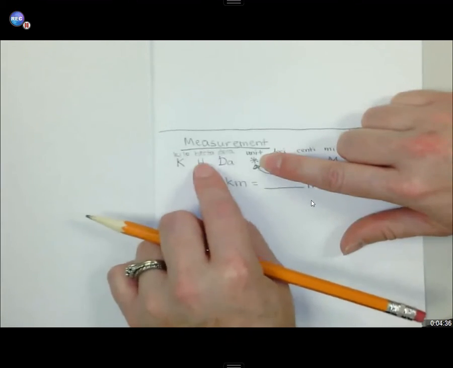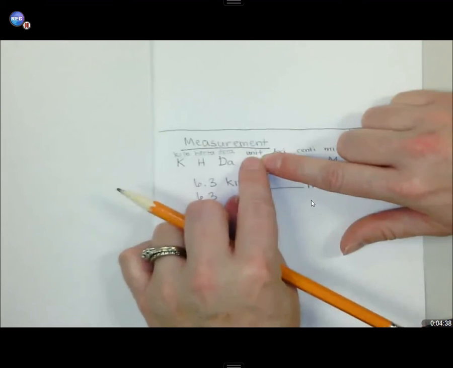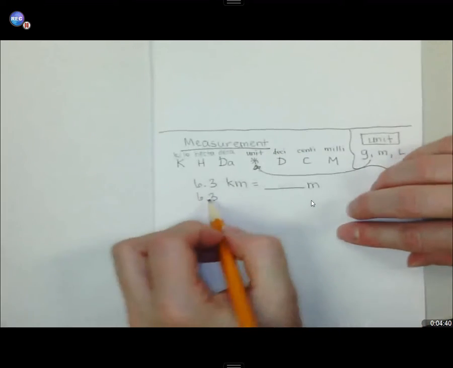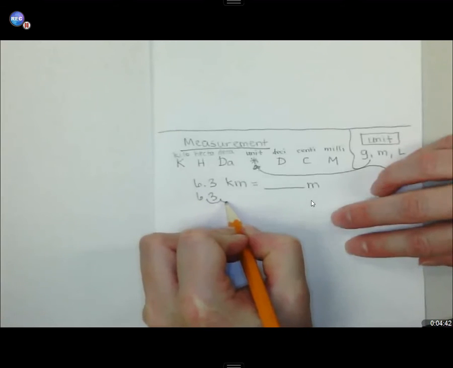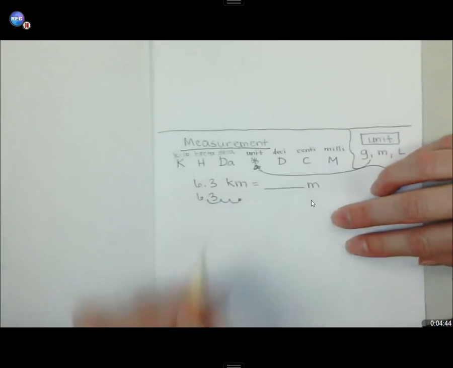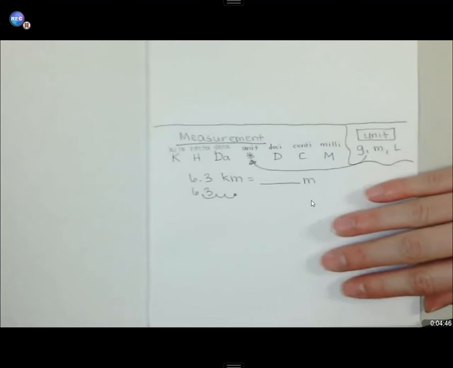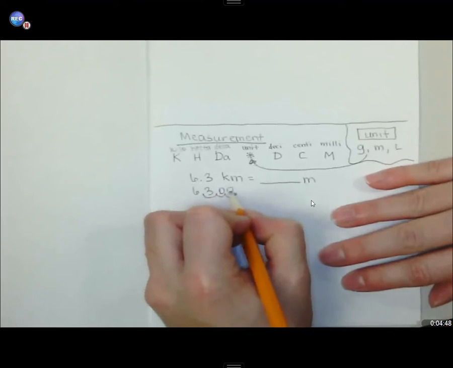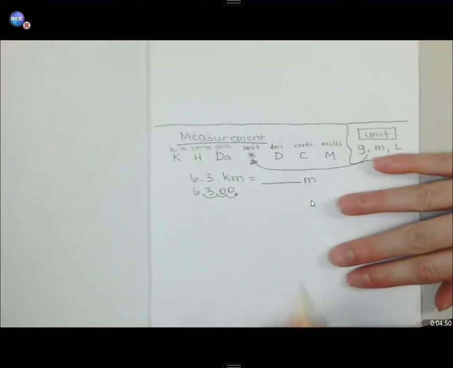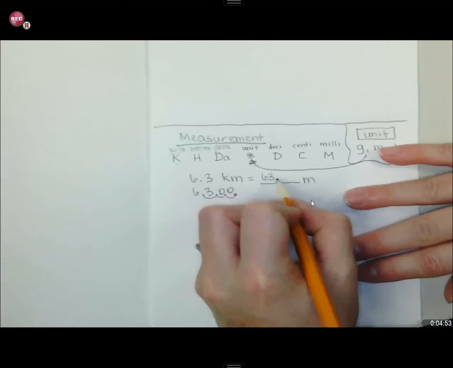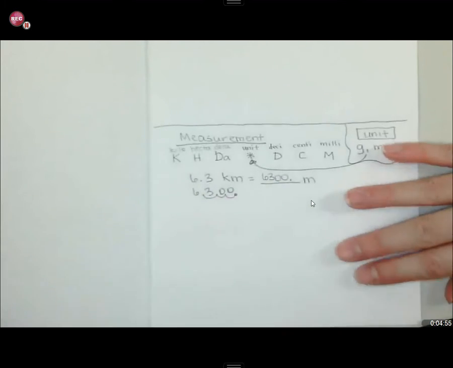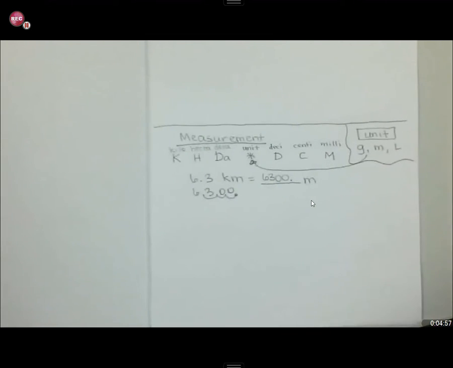We move 1, 2, 3 places. So that means down here, our decimal has to move 1, 2, 3 places. Now we have some empties. We're going to put some zeros in there. So we filled it in. So it's 6300 decimal. Now you can leave the decimal off or you can have it. Doesn't matter. Okay?